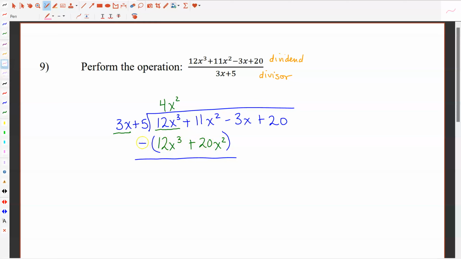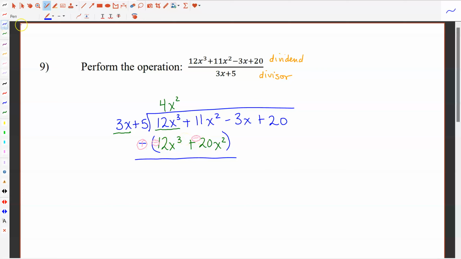When I distribute the subtraction, I'm going to change this to a plus, and I'm going to circle it to remind myself I'm changing it because I'm distributing the subtraction through. And then I'm going to write a negative next to this first term, and then a negative next to this second term. I'm going to circle them to remind myself those are the new signs from distributing the subtraction. And now I can add going down, knowing that I have the right signs next to the terms.